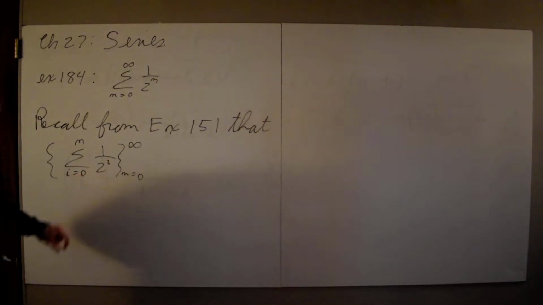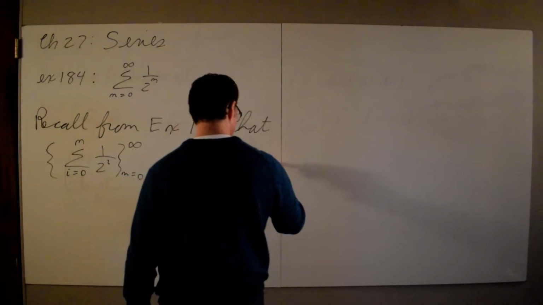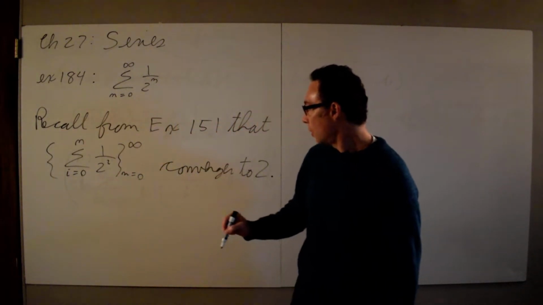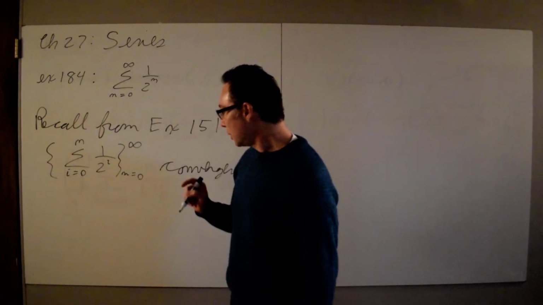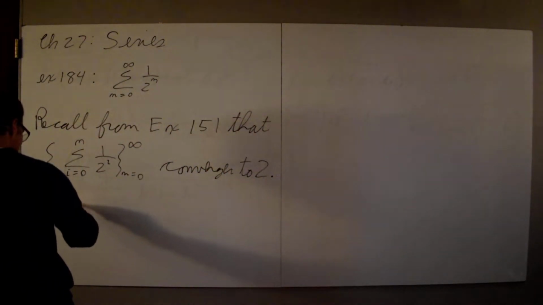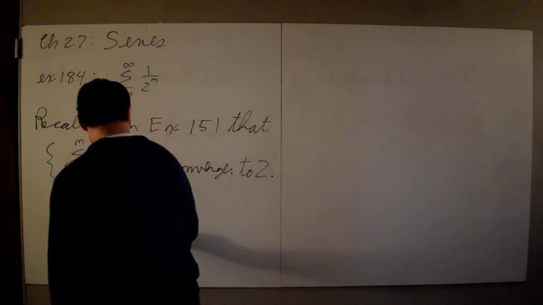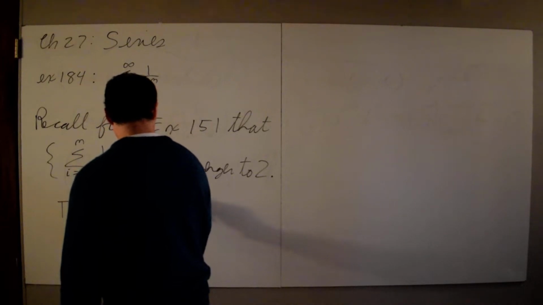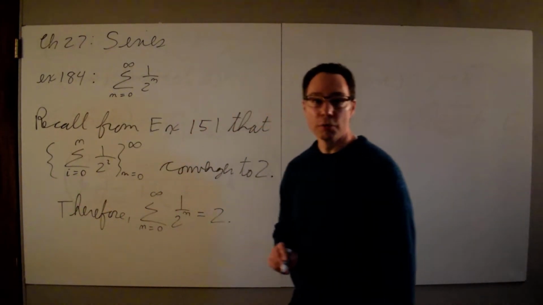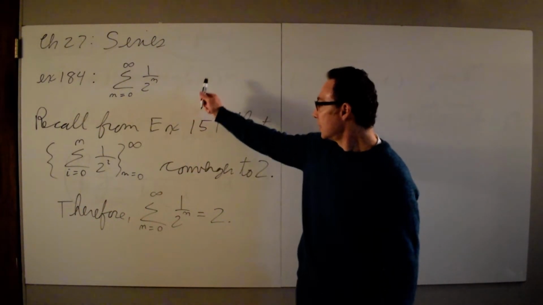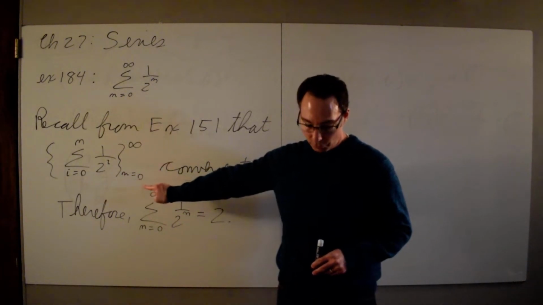Recall that this sequence converges to 2. Now, what is the sequence? This sequence is a sequence of partial sums for this series. Therefore, the series n equals 0 to infinity of 1 over 2 to the n also converges to 2. Because a series is a sequence of partial sums, and we have already seen that this sequence of partial sums converges.